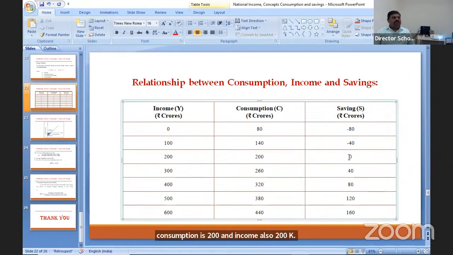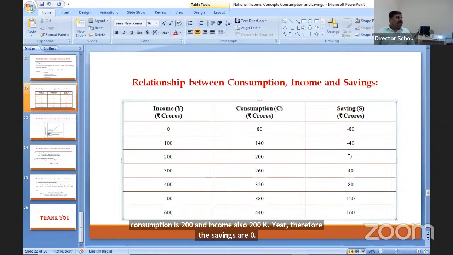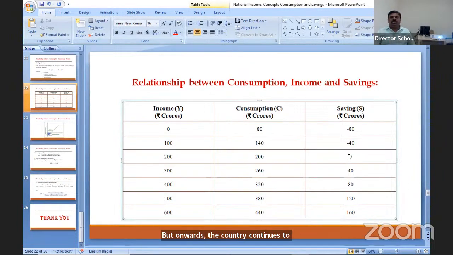But onwards, the country continues to increase its income, like India. At the initial stage, when we got independence, we needed to increase our income because the consumption was more than our income. At that stage, we did not have any foreign reserves as savings. As we discussed in the last lecture, we now have a very strong platform of foreign reserves.